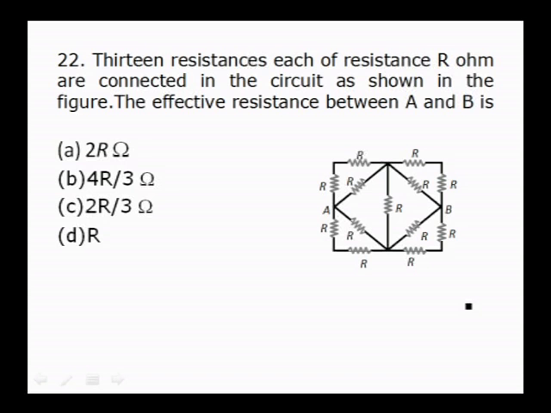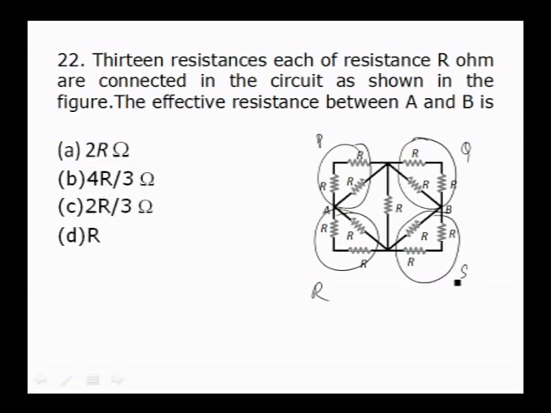Here this looks like a Wheatstone bridge. I will take this whole thing as P, this whole thing as Q, this whole thing as R, and this whole thing as S. You observe the same connection over here and the same connection over here.